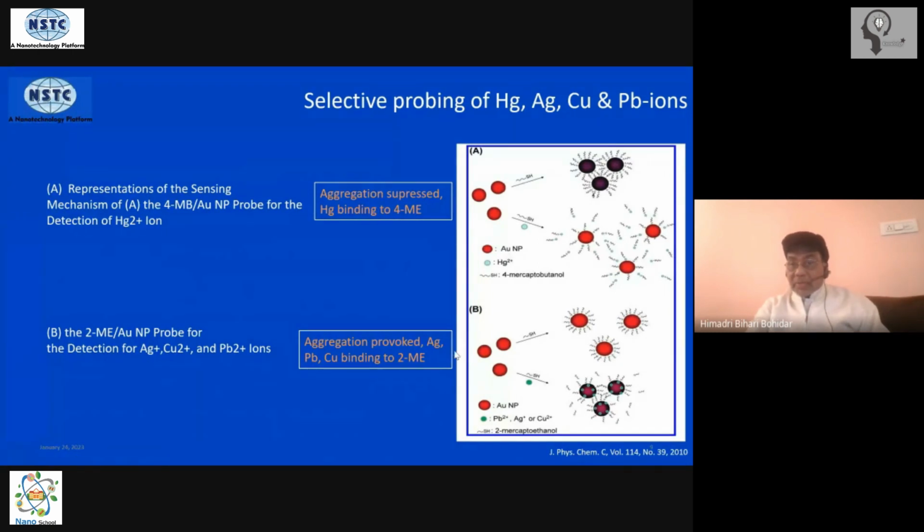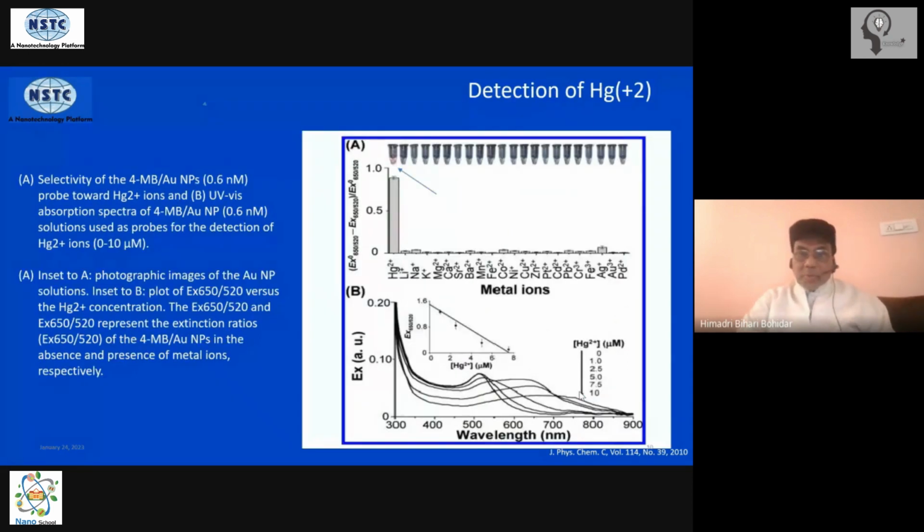That will not allow it to stay there, and that hydrophobic repulsion between these two things will also take it out. So no cluster formation will take place, whereas for a smaller hydrophobicity, the cluster formation will be favored in this case. And that will change the color of the material, and consequently, you are able to see or observe the sensing.